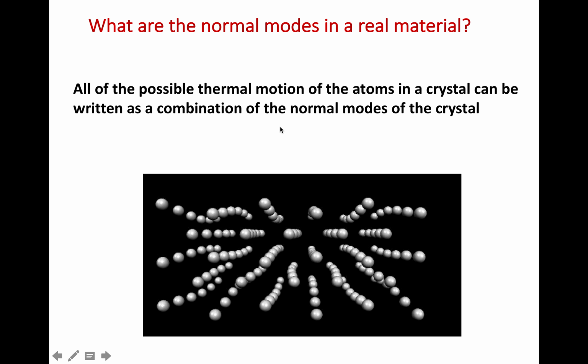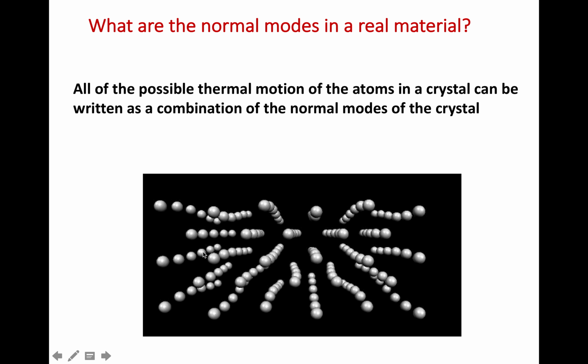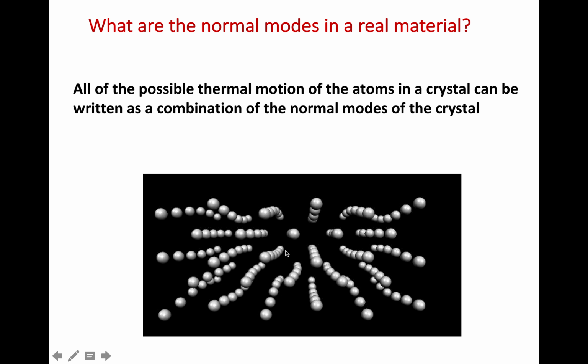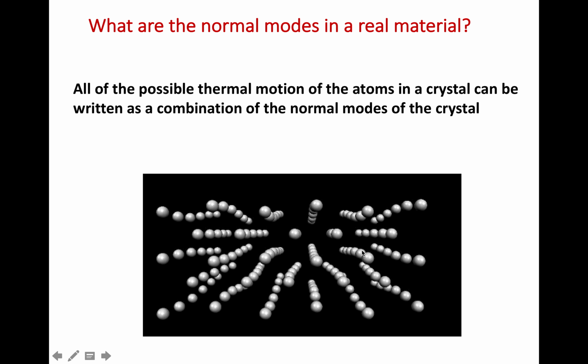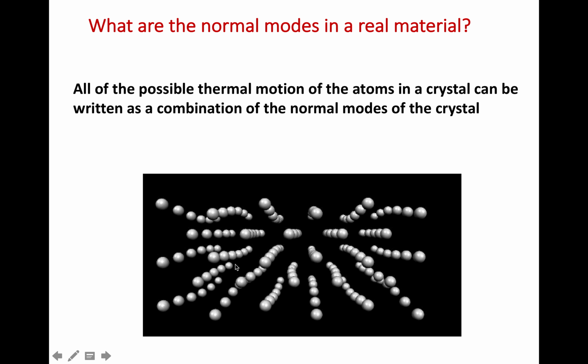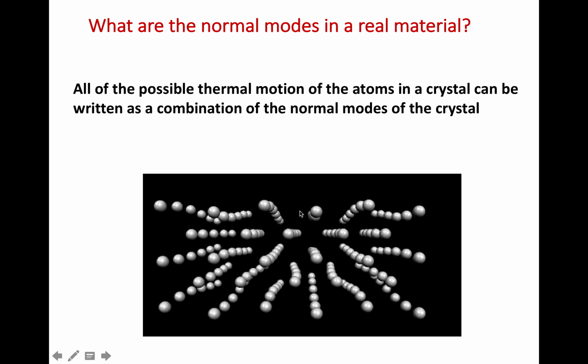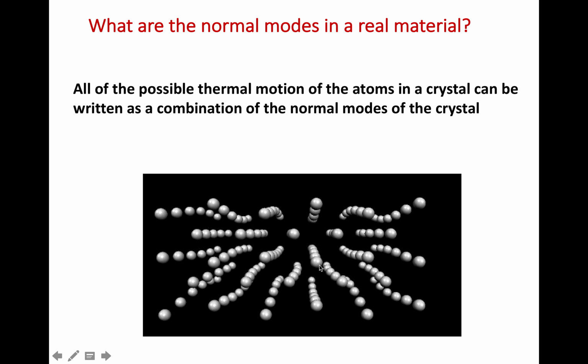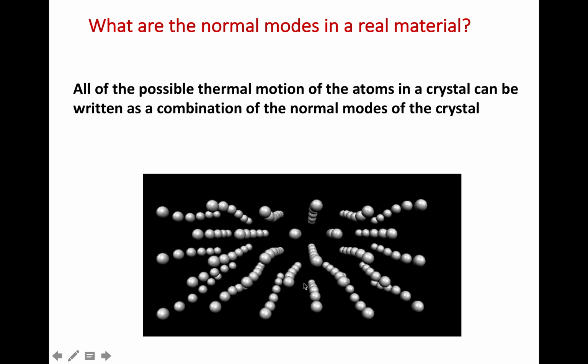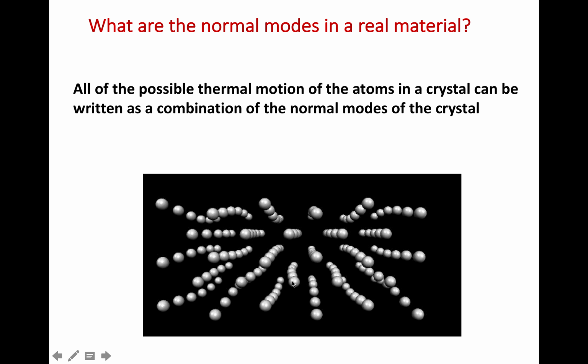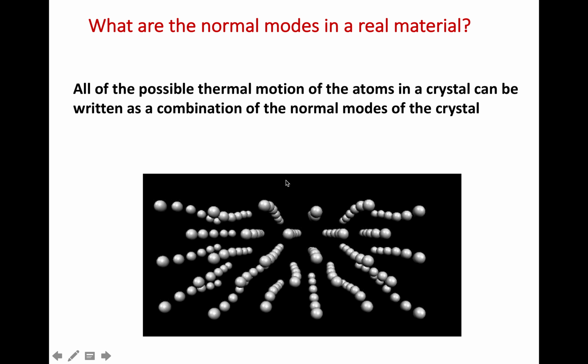So another way of saying that is, in general, the crystal is not in any one normal mode. It is not in some well-defined vibrational eigenstate, but its motion can always be described by some combination of the normal modes.